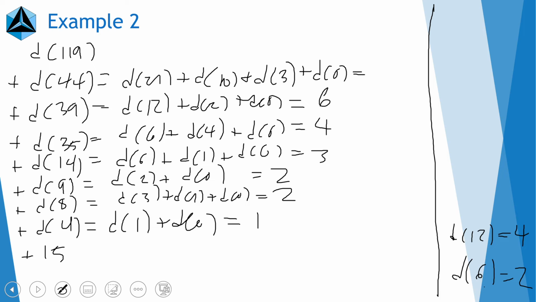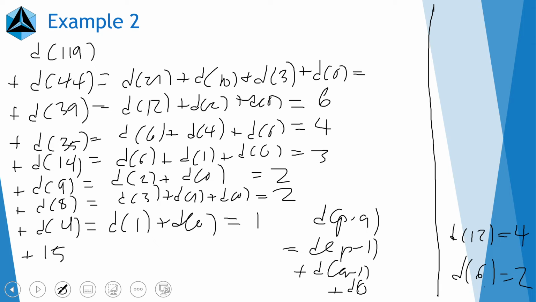So we need to find D of 21. We're starting to notice a little pattern about D of P times Q. It's going to be equal to D of P minus 1 plus D of Q minus 1 plus D of 0. So maybe you can use that to find D of 21 and D of 10 faster.